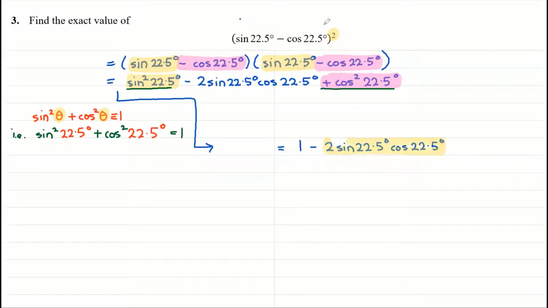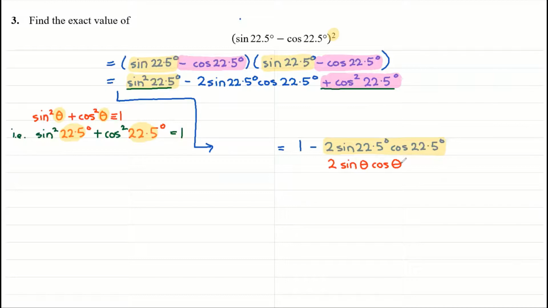It's got a 2 in the front of it, and it's got both sine and cos of the same angle. So that should ring some bells, shouldn't it? I've subbed 22.5 in for theta in that identity. Now, if I do the same thing, this would be the same as 2 lots of sine theta cos theta. Yeah?